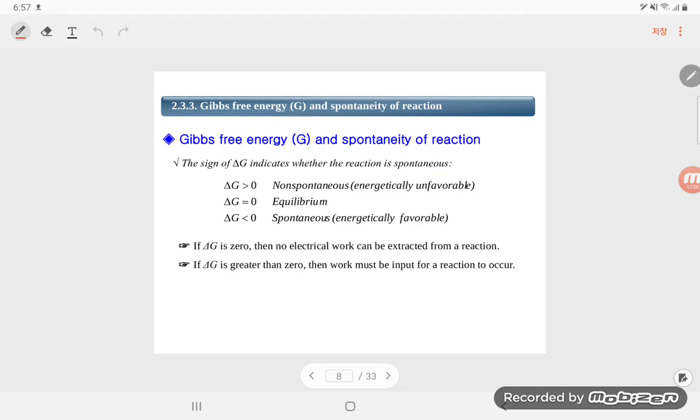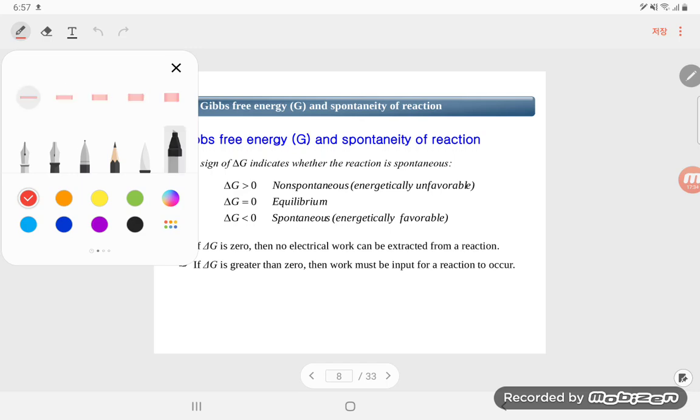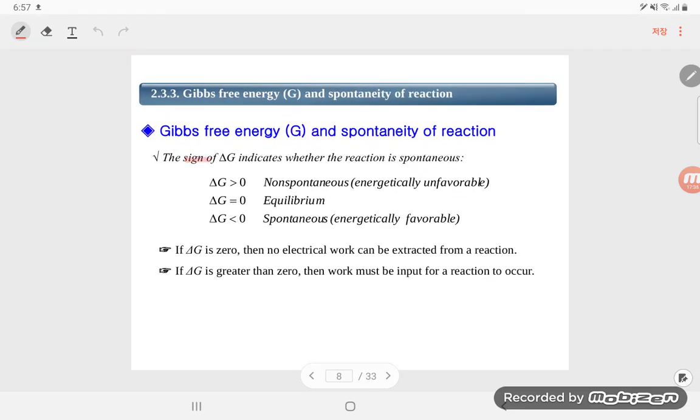So what is the meaning of the sign? Let's check the sign of the delta G. The sign of delta G indicates whether the reaction is spontaneous. Spontaneous means an automatic or favorable reaction.